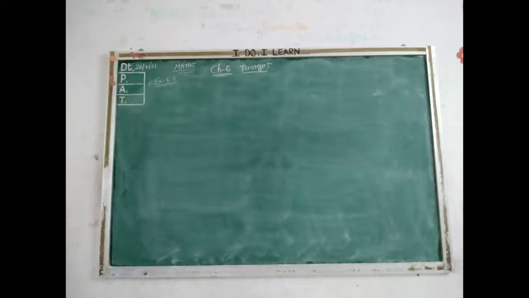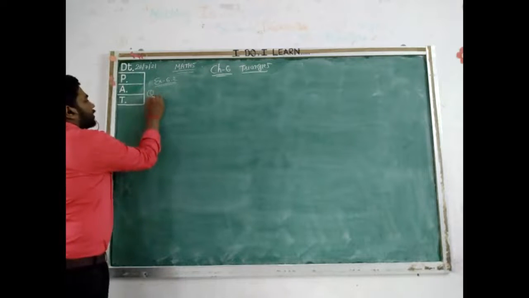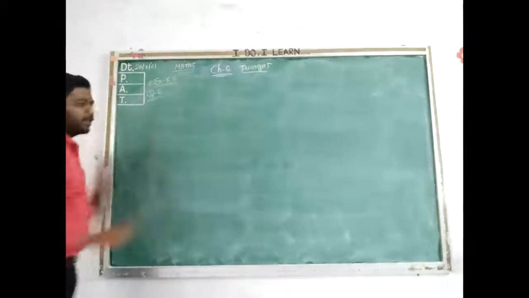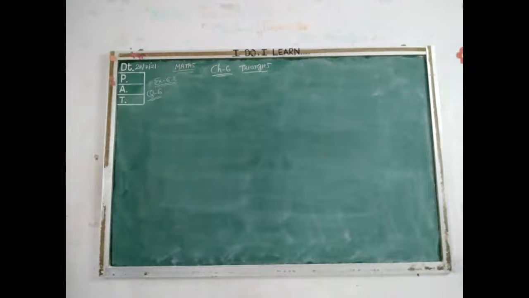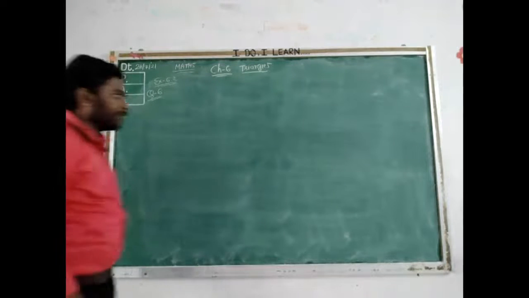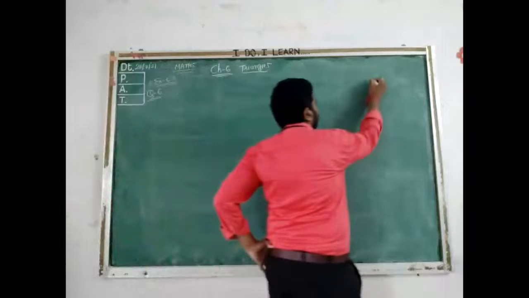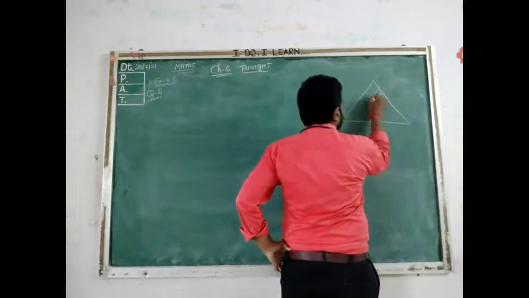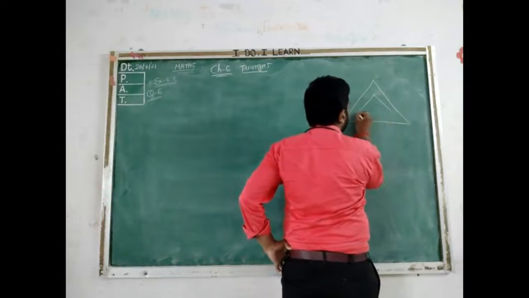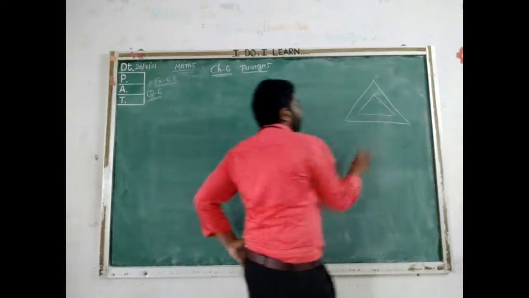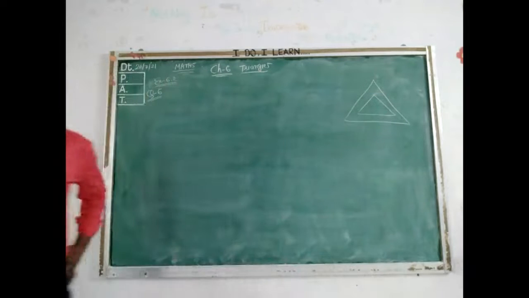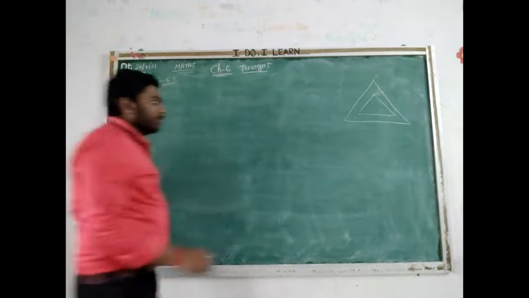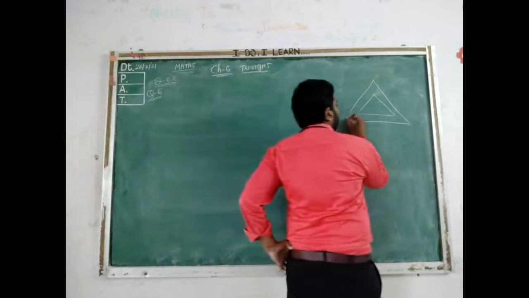Now question number 6, it says in figure 6.21, हमारे पास next figure है, figure 6.21. So let's first draw this figure 6.21. It's like this. So I'm just drawing this figure.